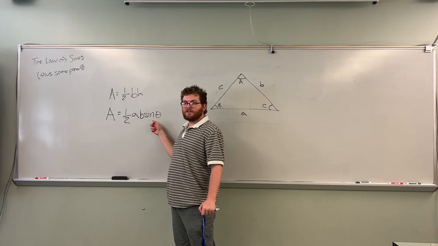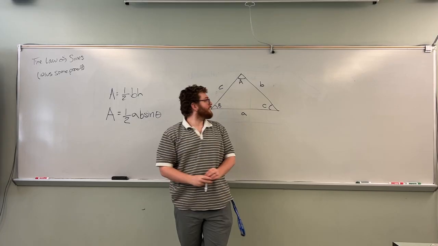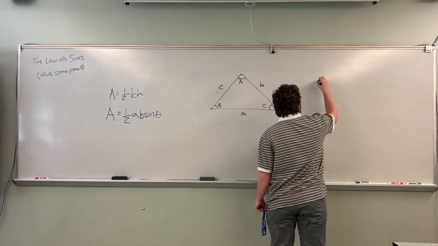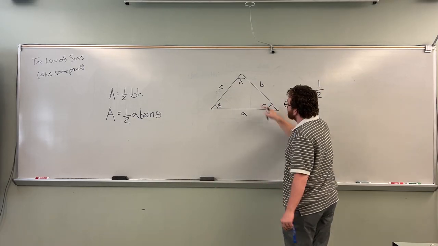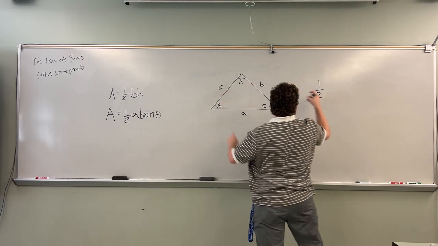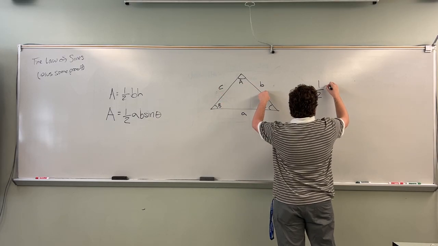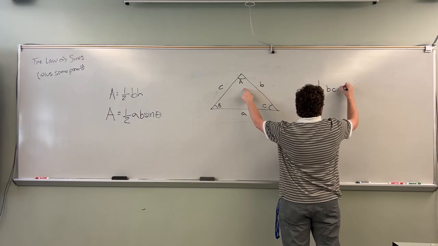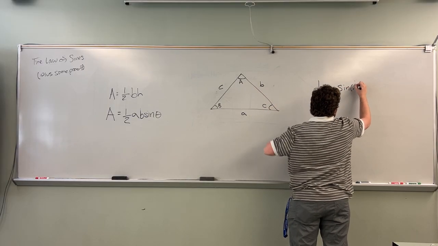Given my area formula, I can pick this A angle, and I take the two sides beside it. So I have 1/2 BC sine A. That's equal to the area.